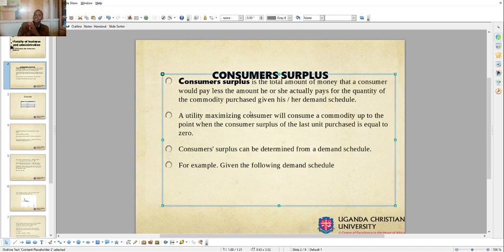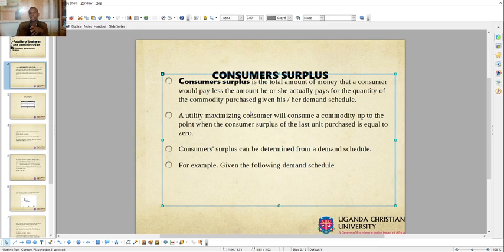At times, as a consumer, you go to the market with something in your mind. There will always be some amount of money you're willing to spend or to pay for whatever you're going to buy.